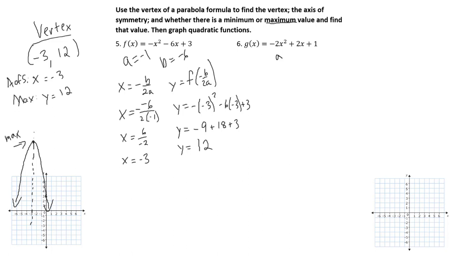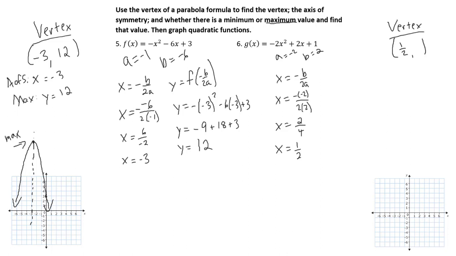So we can identify a here as -2 and b here as 2. So then we get x equals -b divided by 2a. And so x equals -2 divided by 2 times -2... so we get x equals 2 divided by 4, which is 1/2. So we can say our vertex is 1/2, something.